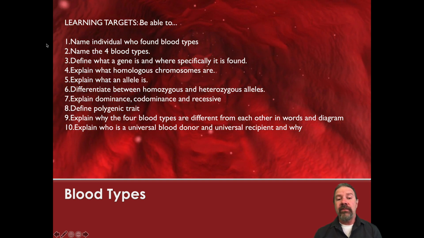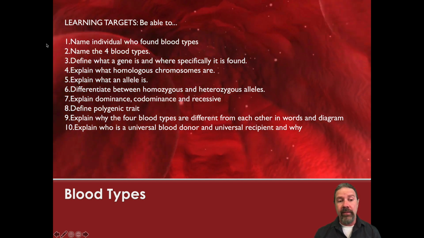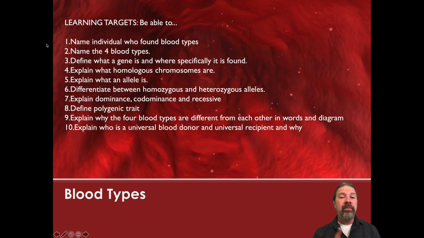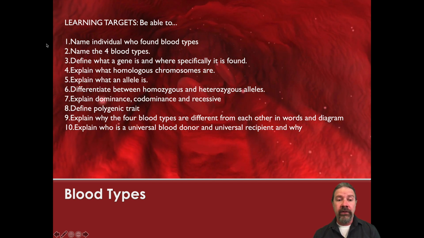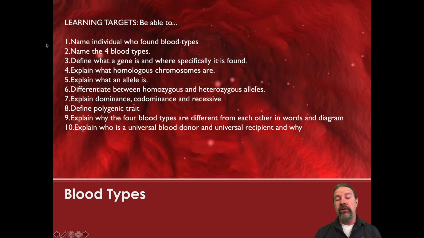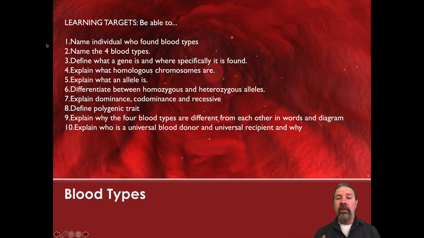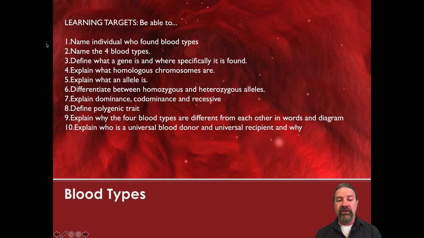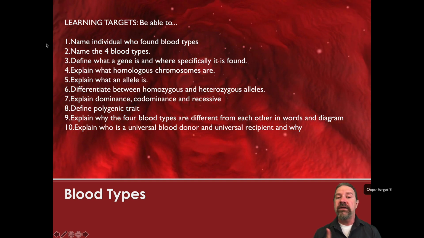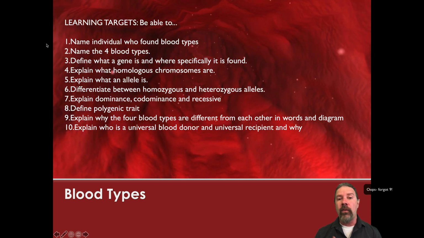Can you differentiate between homozygous allele combinations and heterozygous allele combinations? Can you explain what being dominant means for an allele? Can you explain the special condition for codominance? And can you explain what recessive allele combinations do? Number 8, can you define a polygenic trait? And number 10, who is a universal blood donor and who is a universal blood recipient and why?